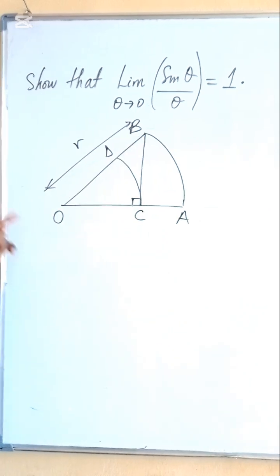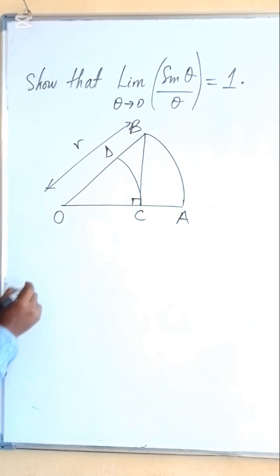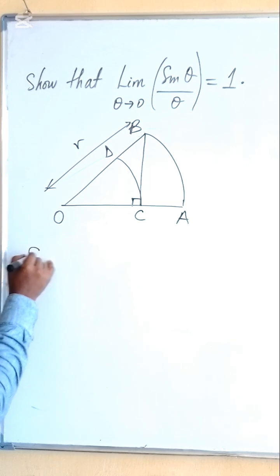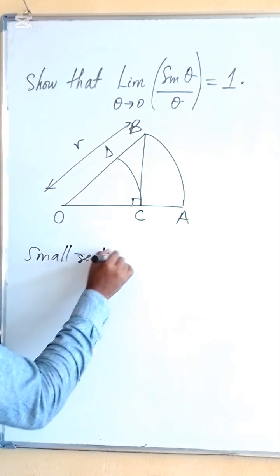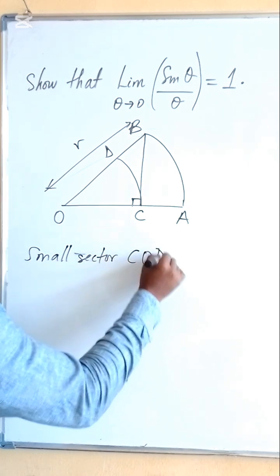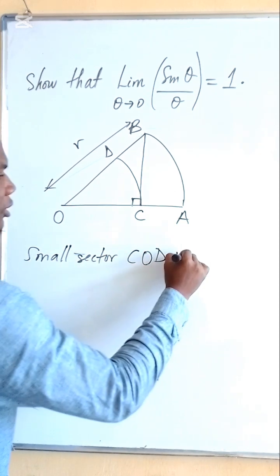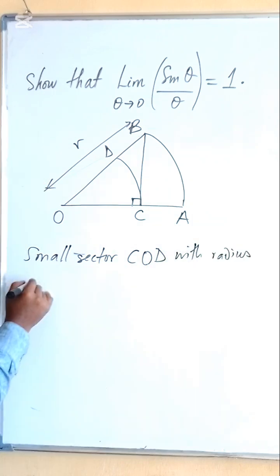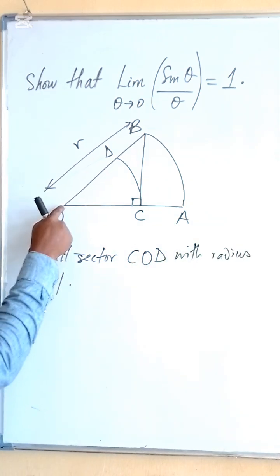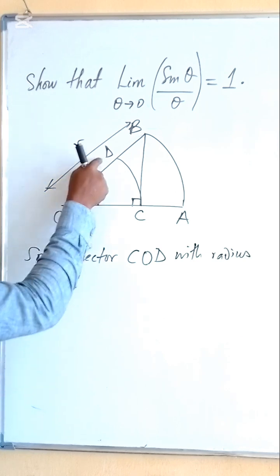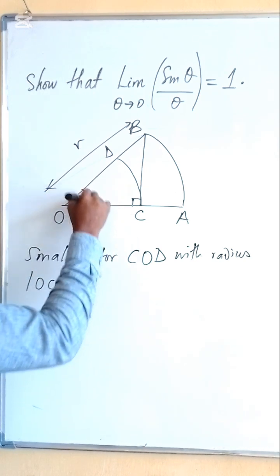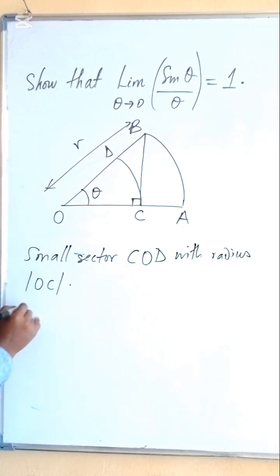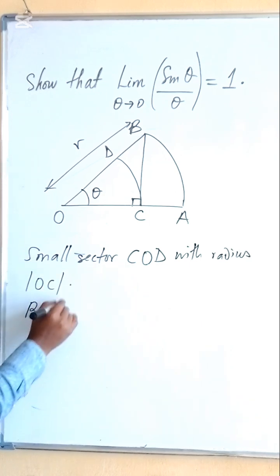Continuing from the last figure we drew earlier on, we have small sector COD with radius OC. So we have this small sector COD having radius OC, and this remains theta.